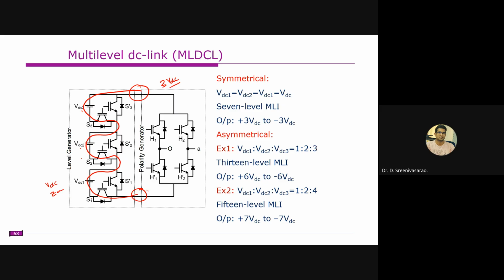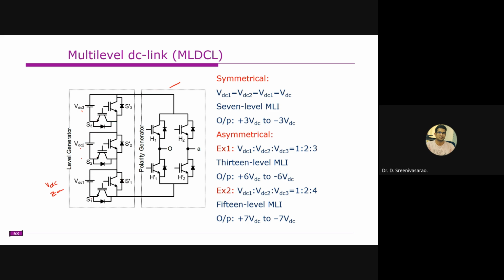If you are operating the polarity generator switches H1 and H2 dash, you will get the positive 3 VDC voltage. And if you turn on these two switches, you will get the negative 3 VDC voltage. If you require 2 VDC voltage, you can bypass one thing. Now I bypass VDC1.